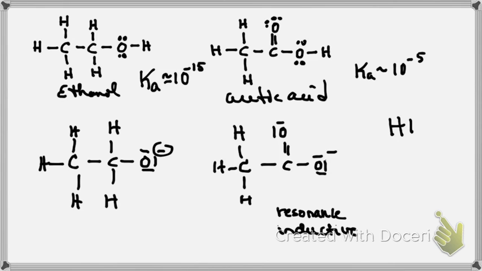For HI, if I'm remembering right, Ka is about 10 to the 7. You can't measure it in water. It's so strong you can't measure it, because it's the water that's pulling the hydrogen off. You have to get something that's not as good at pulling hydrogens off and put it in competition with the proton on the HI to measure that number. So we don't use water, because water is too good at taking that hydrogen away.